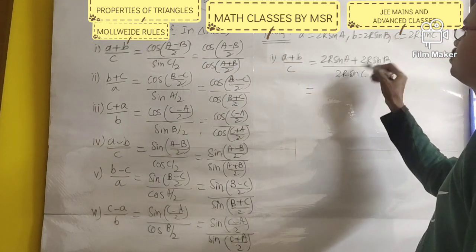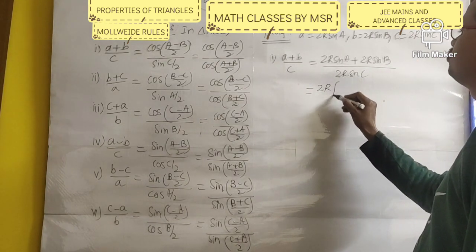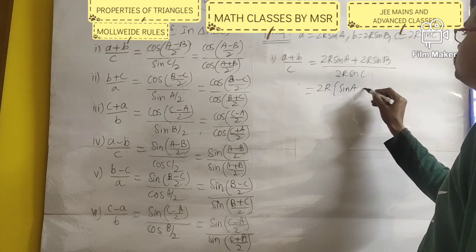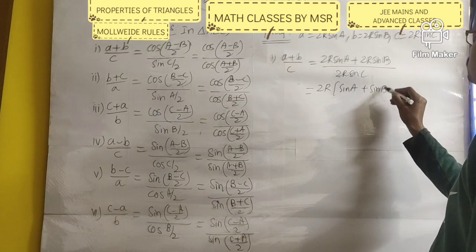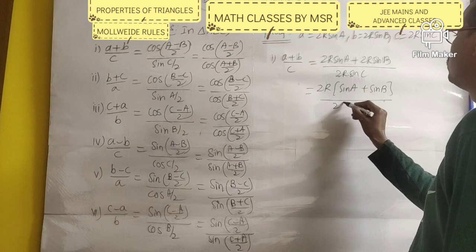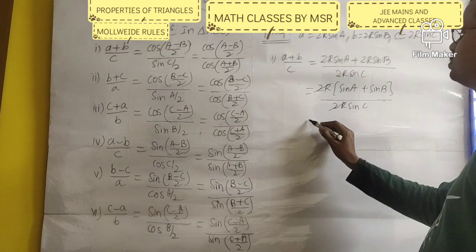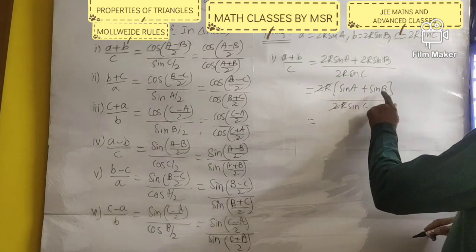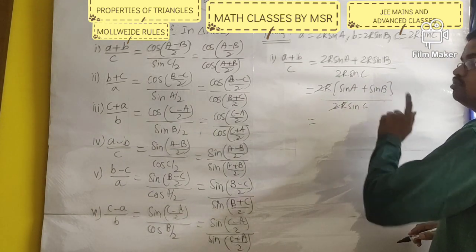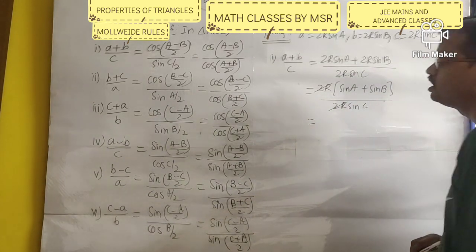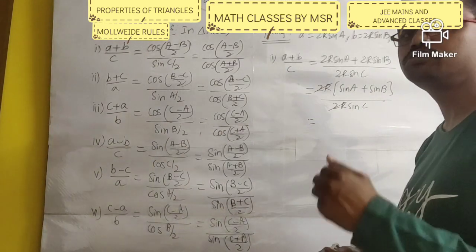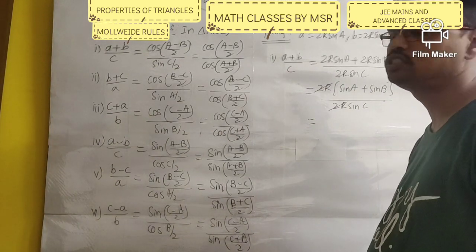Now throughout, 2r we can take common, right? If we take 2r common here, sin a plus sin b by 2r sin c. So I can cancel 2r and 2r here. Now sin a plus sin b, we know a transformation formula, right? Sin C plus sin D is 2 sin of (C plus D) by 2 cos of (C minus D) by 2.